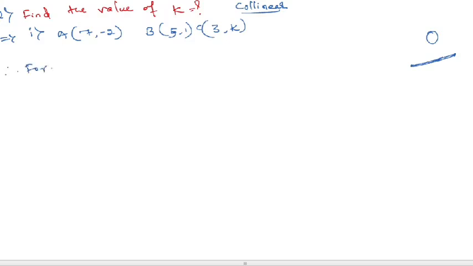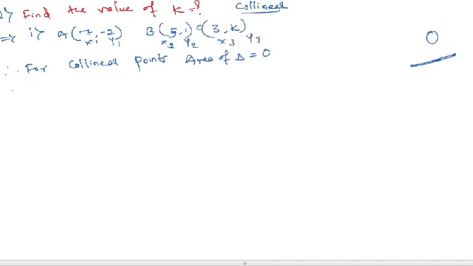Therefore, for collinear points the area of the triangle is equal to 0. Now the points are x1 y1, x2 y2, x3 y3.